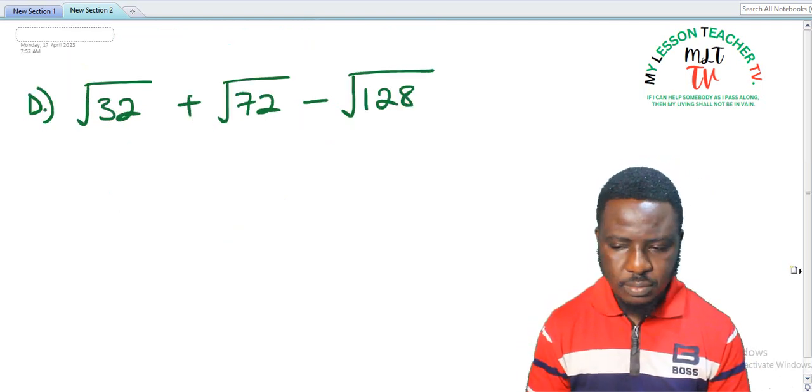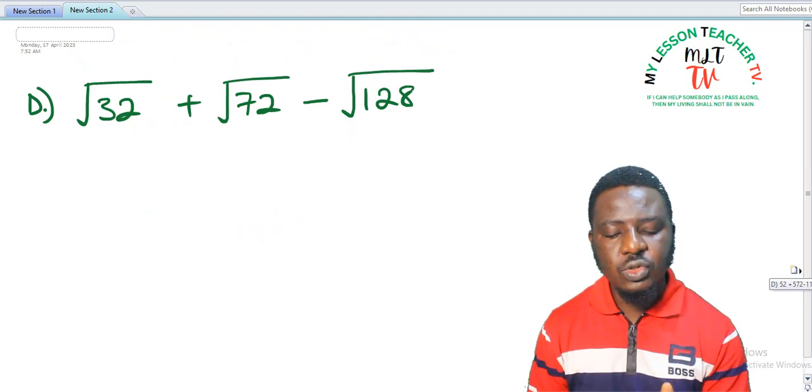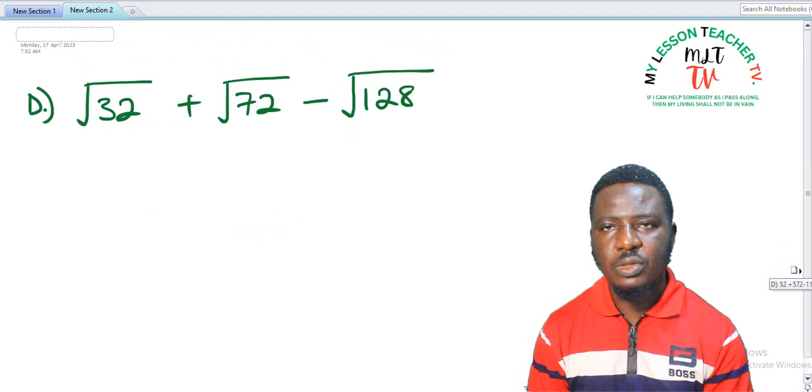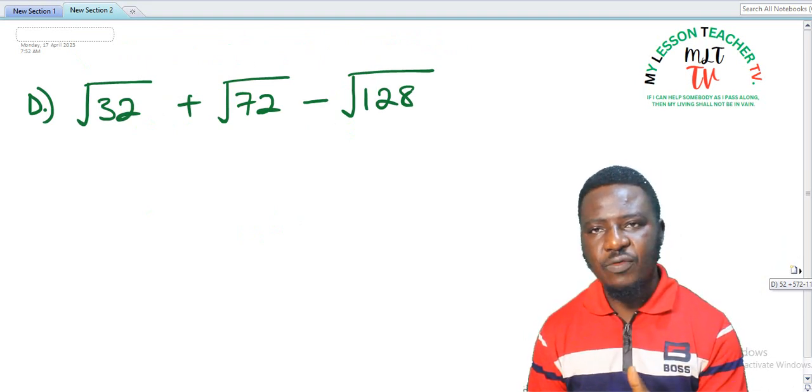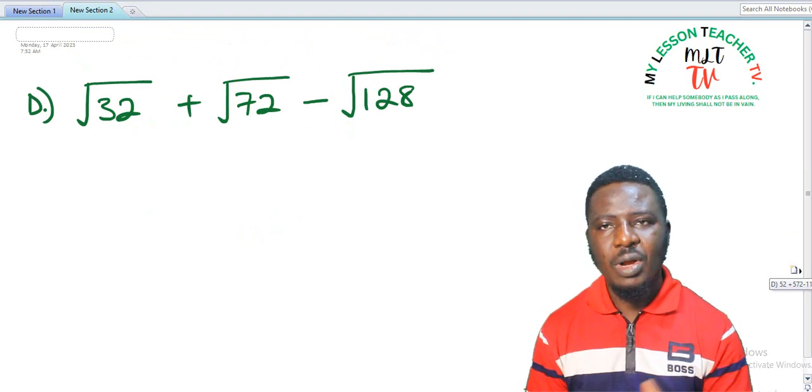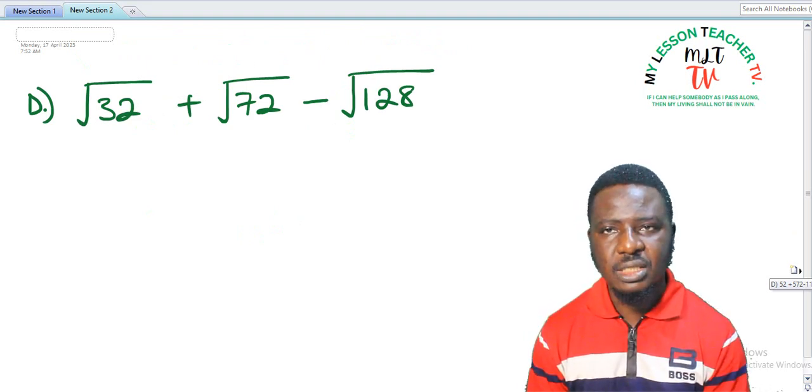D, we have root 32 plus root 72 minus root 128. So we shall be simplifying them to their basic surd forms and thereafter collect like terms, and that gives us our answer.